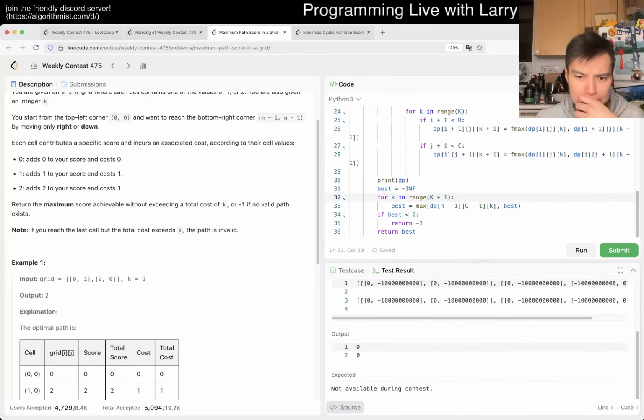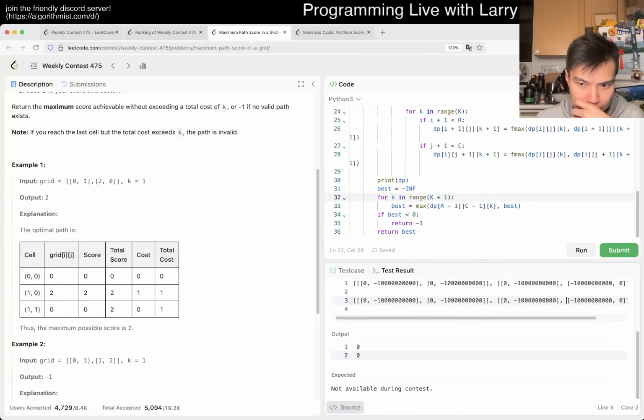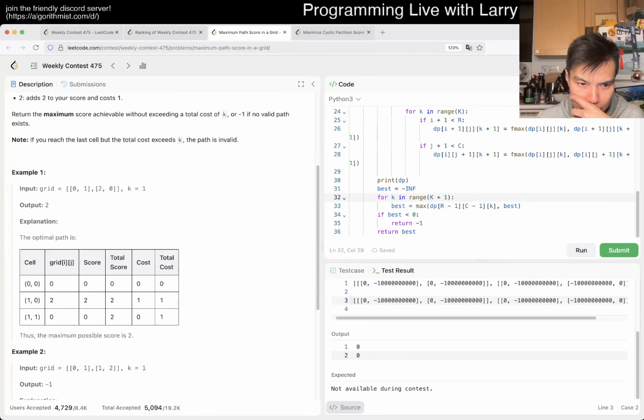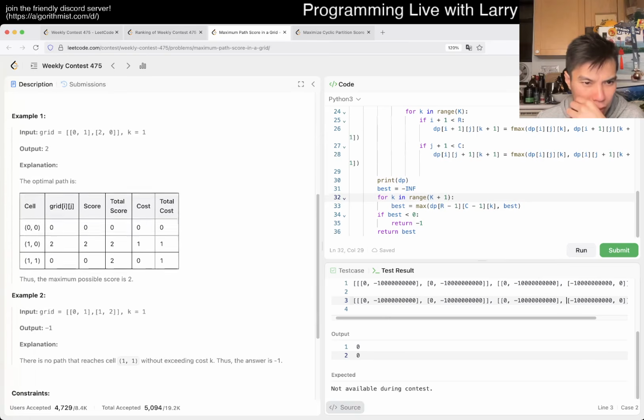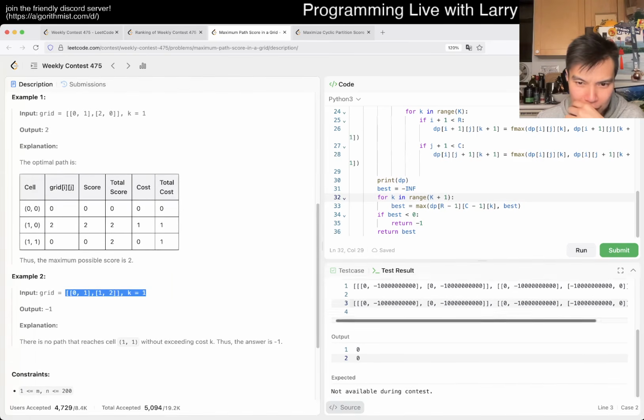Why is it 0? K is 0 to 1. I don't know how to read this honestly. Oh, I'm looking at the wrong one, that's why. Okay. But that's still even more wrong.